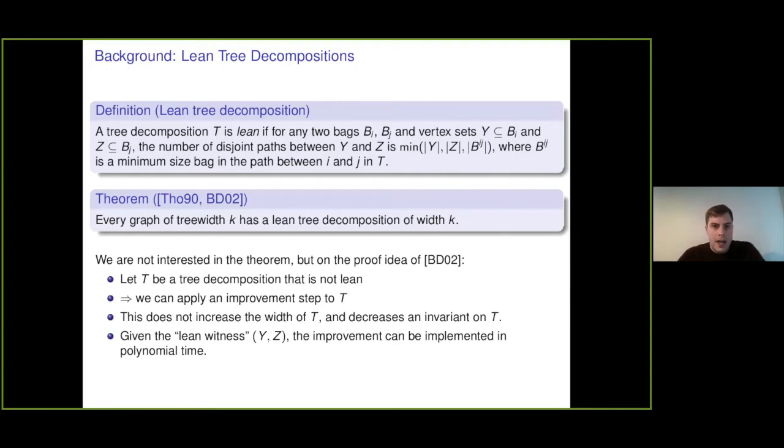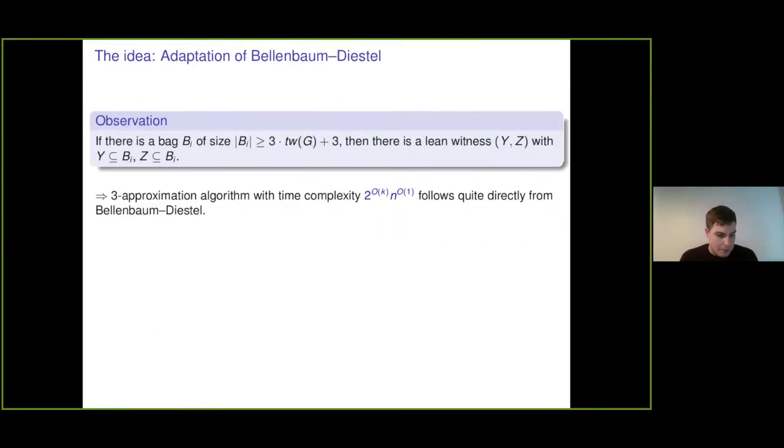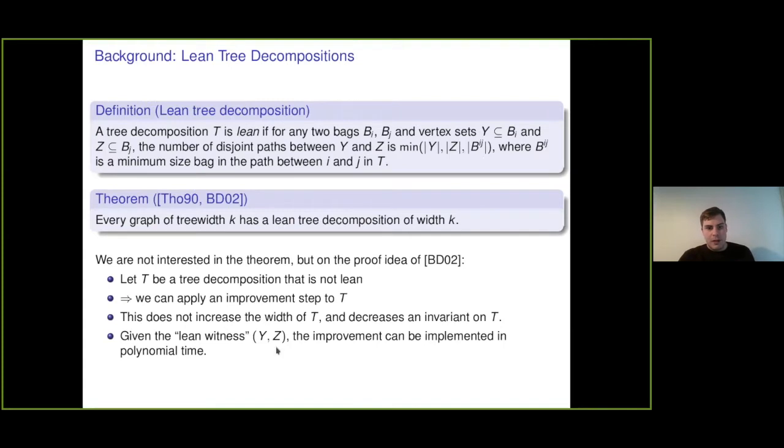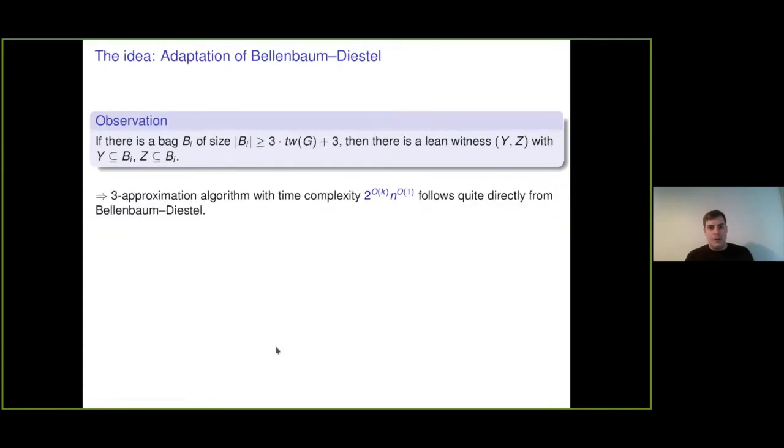Now what we can observe, and it's not very hard to prove, is that if we have a bag bi of size more than 3 times Treewidth plus 3, then we can find this kind of lean witness YZ where both y and z are subsets of the bag. So we can use this improvement procedure of Bellenbaum and Diestel to improve the tree decomposition.